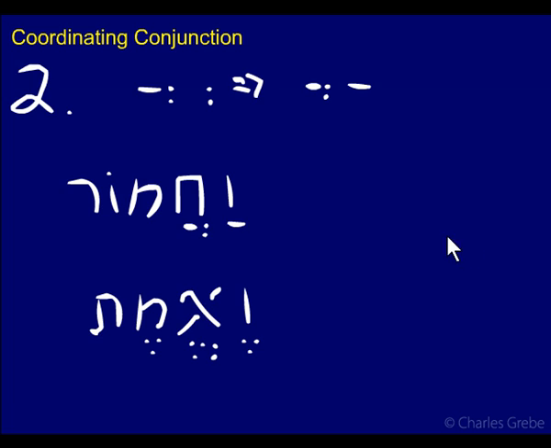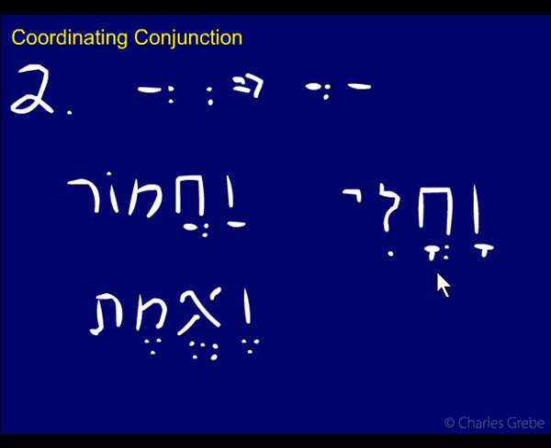And one more, just to complete the possibilities. This is the chataf kametz. So choli means sickness. If we add a vav to it, the coordinating conjunction, we don't have the shava. We have the vowel that corresponds to this, which is the kametz hatuf.